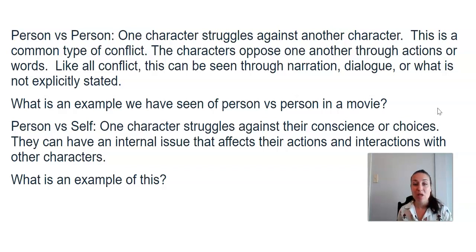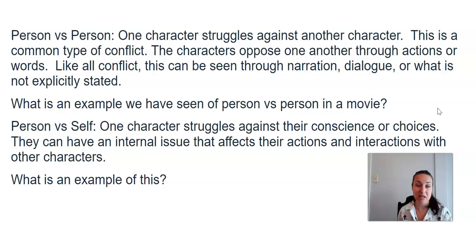So an example of what we've seen, like in a movie of person versus person, is we have Harry Potter versus Voldemort, right? They're kind of opposing forces. They stand for different things, and we can kind of see how they're very much driving the plot because of their opposition. We also see this in Frankenstein quite a lot, right?